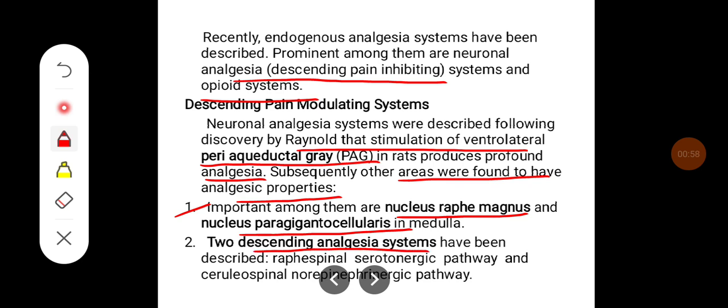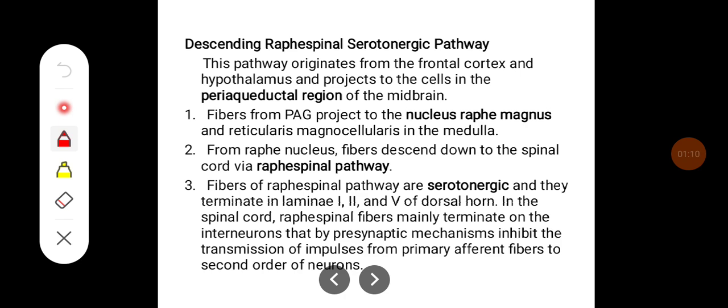Two descending analgesic systems have been described, that is the raphe-spinal serotonergic pathway and the ceruleospinal noradrenergic pathway. The descending raphe-spinal serotonergic pathway originates from the frontal cortex and hypothalamus and projects to the cells in the periaqueductal region of the midbrain.